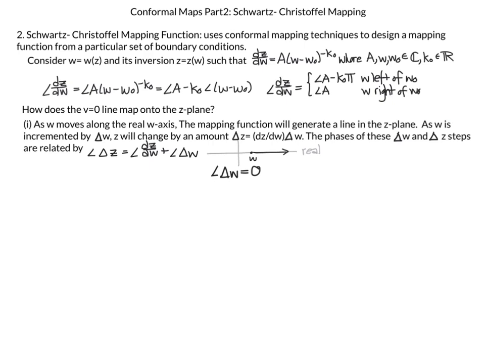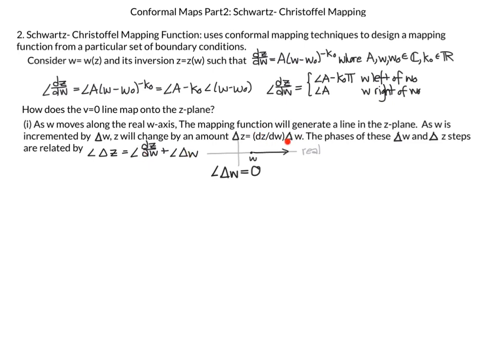As W is incremented by delta W, z will change by an amount delta z, which is equal to dz dw times delta w, and the phase of the delta w and delta z steps are related by the phase of delta z, using this equation up here, is equal to the phase of dz dw plus the phase of delta w. Remember, because these are two complex numbers, dz dw and delta w, their angles add together.